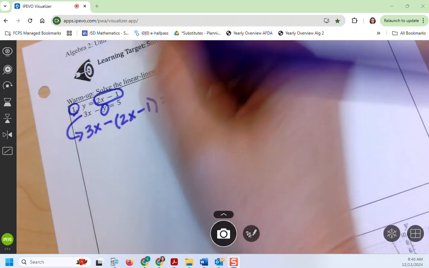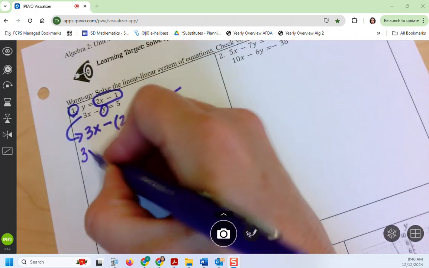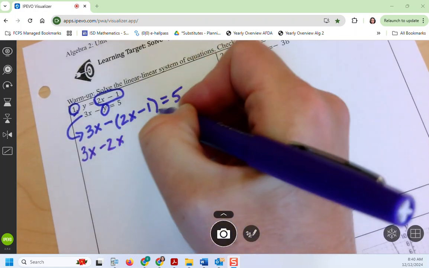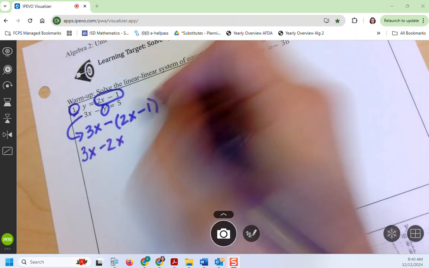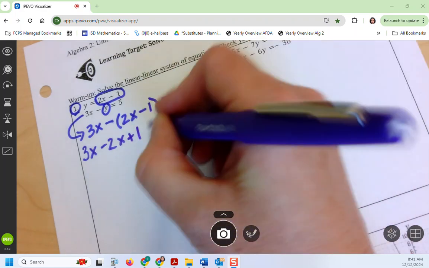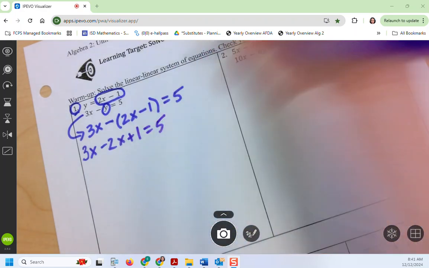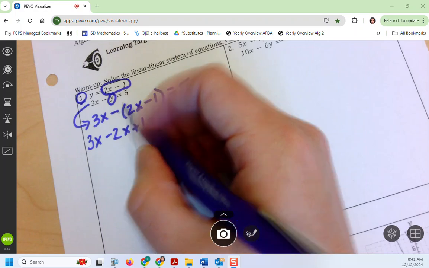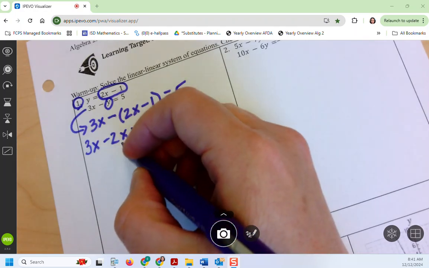All right, so remember to distribute that minus. So the 3x and then minus 2x. But minus minus is going to give you what? A plus. Good. Plus 1. And then combining like terms, you get how many x? 3x minus 2x?